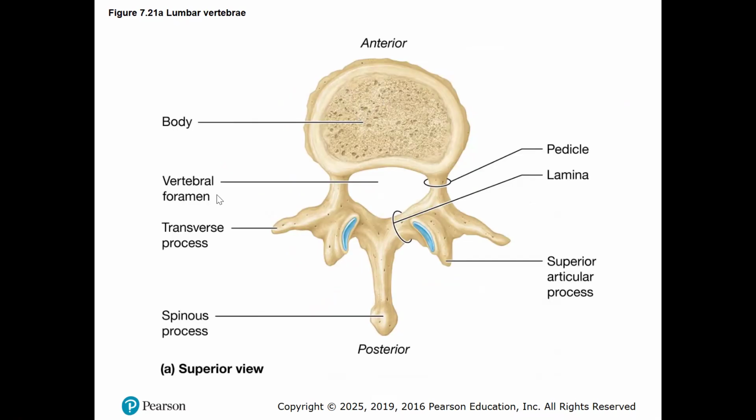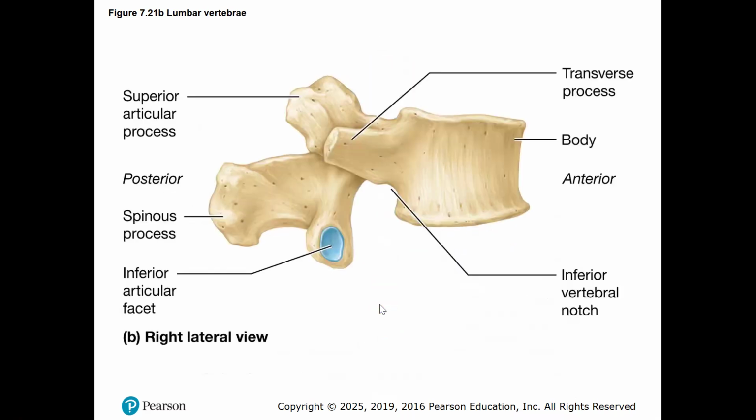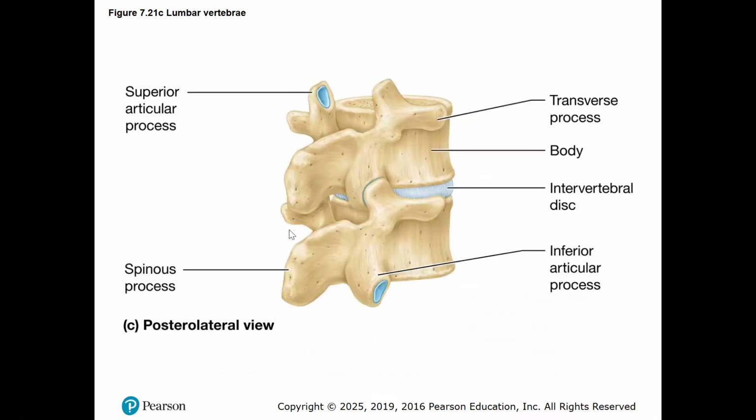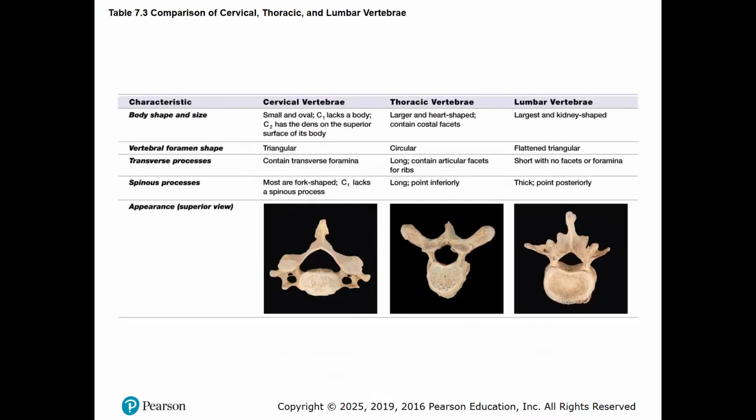Notice there are no transverse foramina here, and you see the main foramen here, and you have a larger spiny process. Notice how they stack on top of each other, how the spiny process here is taller, or more pronounced when compared to the thoracic spiny processes.